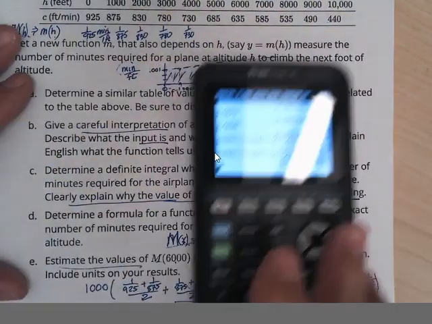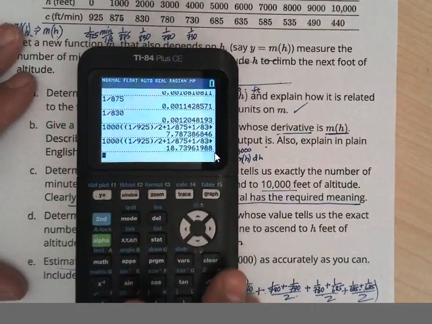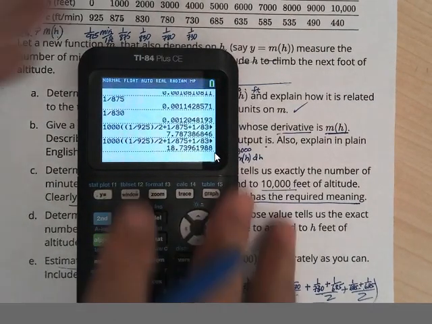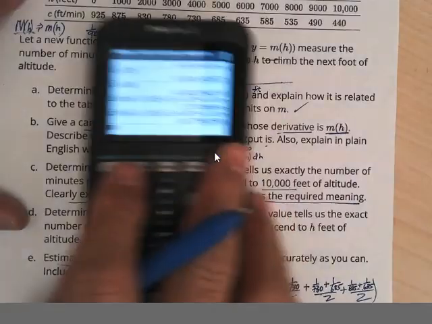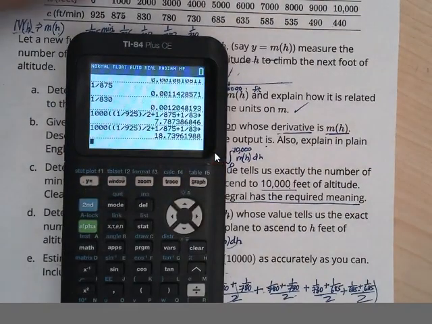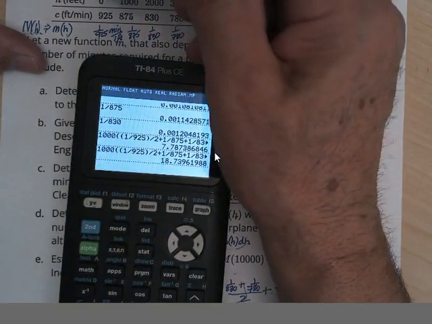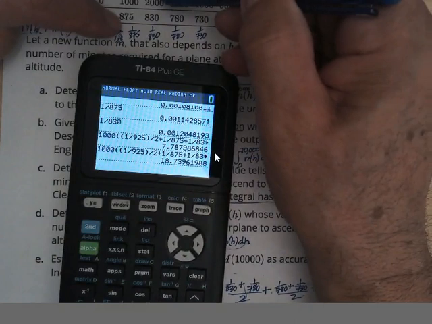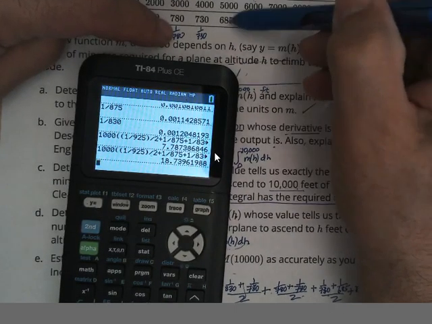Now, I had some people do midpoint, and that would be the easiest. It would be fairly accurate doing midpoint because this is a fairly straight line up here, so it's not changing by a lot. So let's do the midpoint one here. If we're going to go to 6,000 feet for the first answer, we'd go from here to here. There would be the midpoint. Here to here, that would be the midpoint. And here to here, that would be the midpoint.